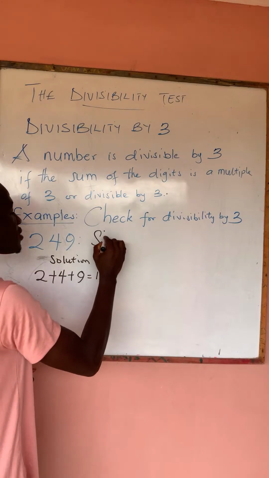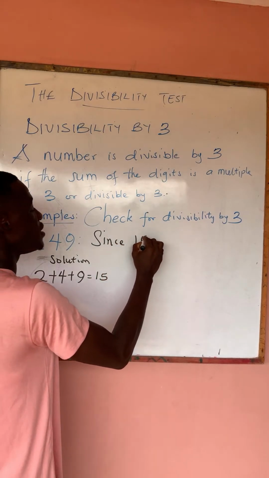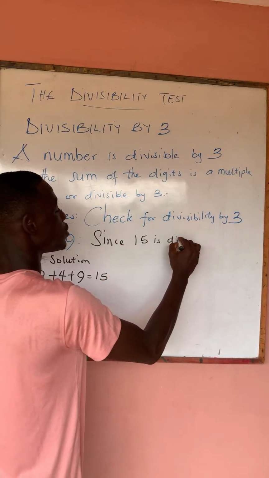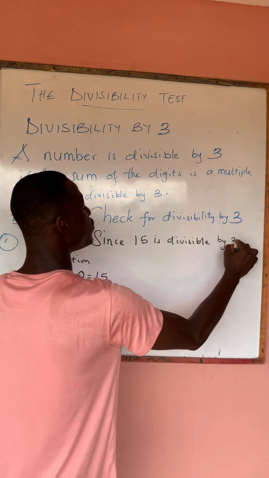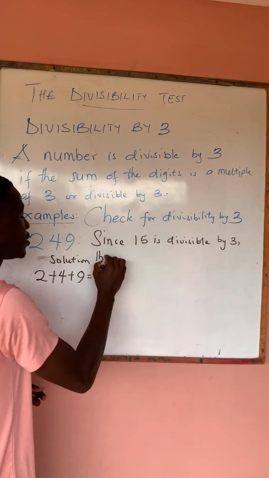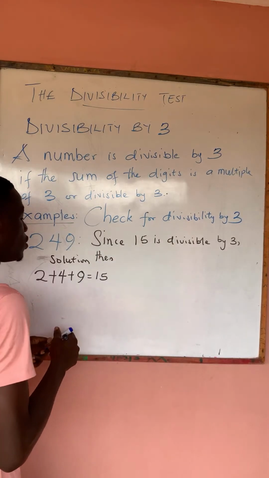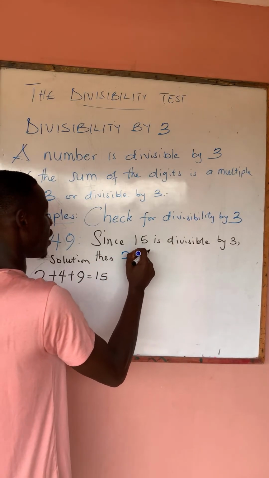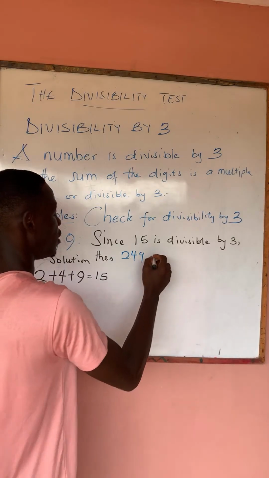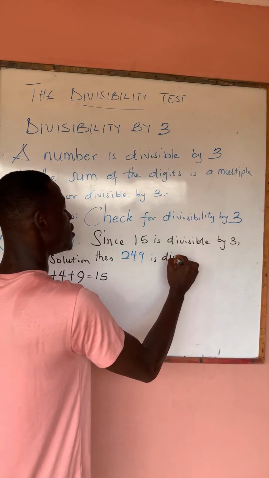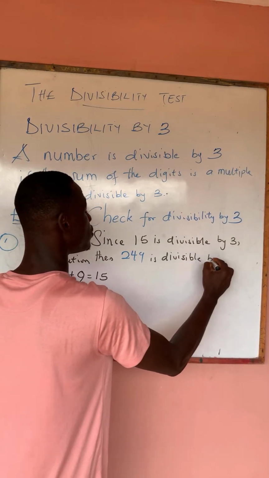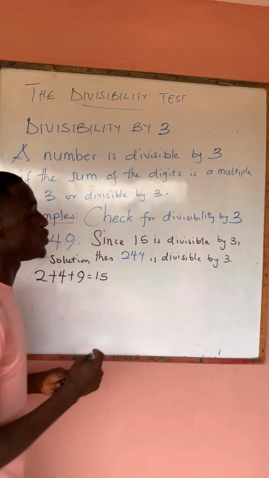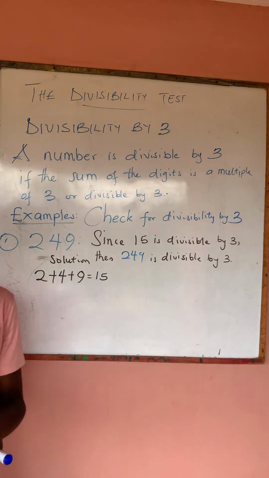That since 15 is divisible by 3, then 249 is divisible by 3. So I hope you understand it.